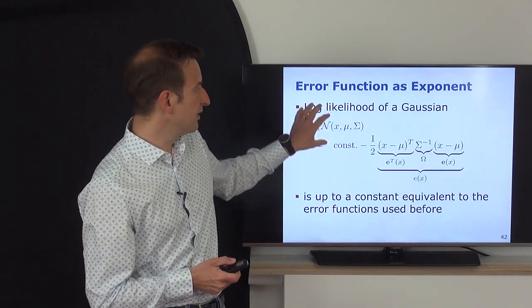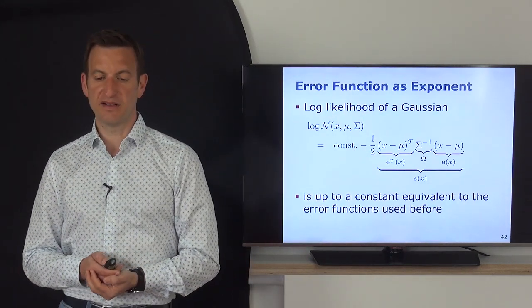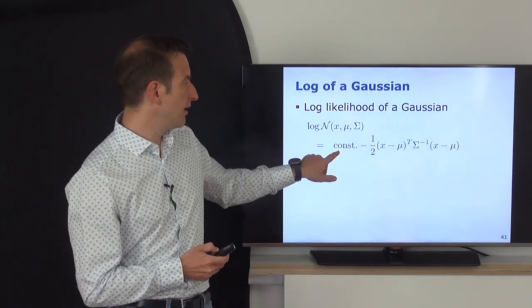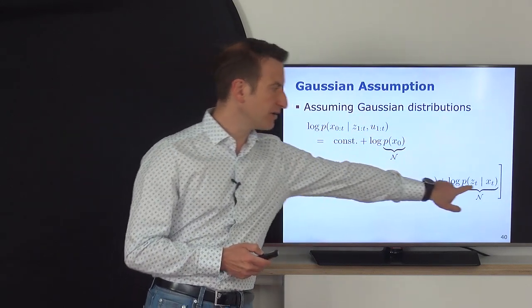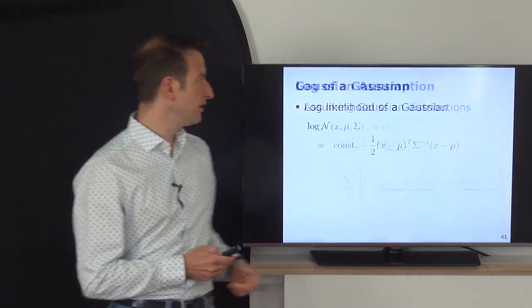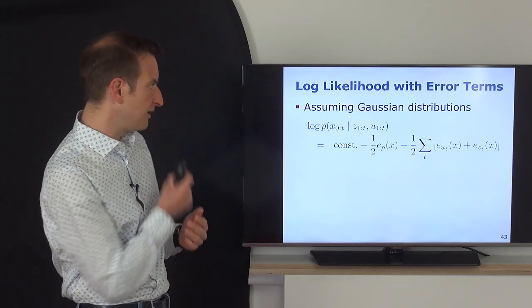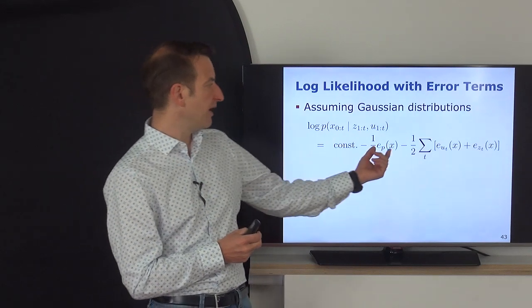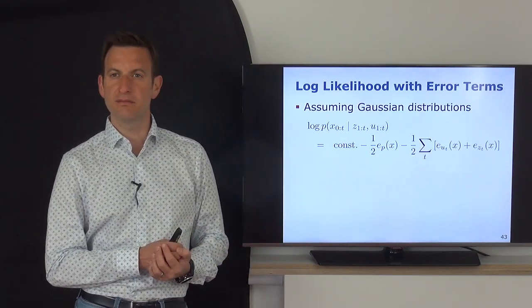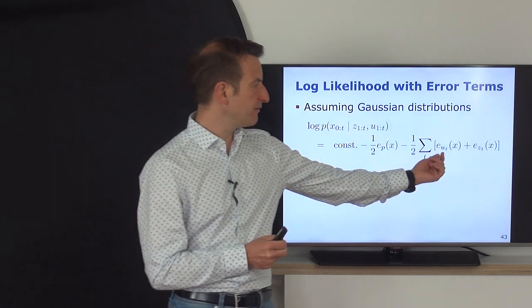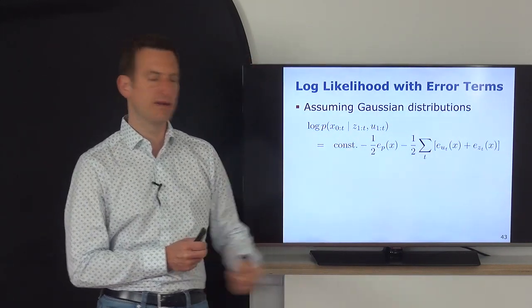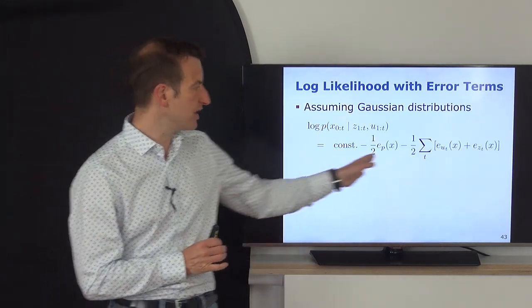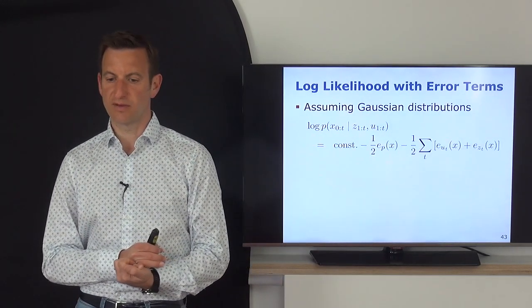If I take this log likelihood of a single Gaussian distribution and plug it into the expression that I had over here, then I obtain this term, where I have my error term for the prior, an error term related to the odometry command, and an error term with respect to the observation, and they're all just added up, times a constant factor.